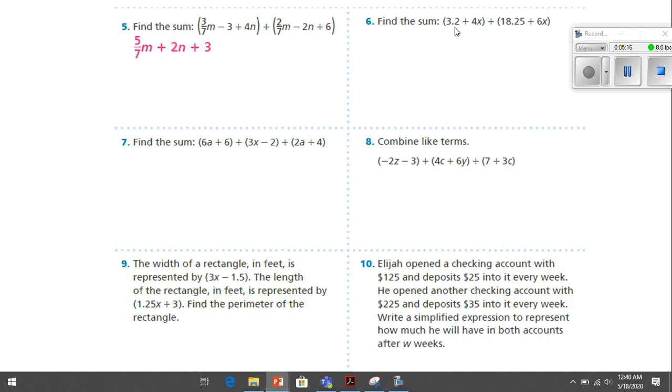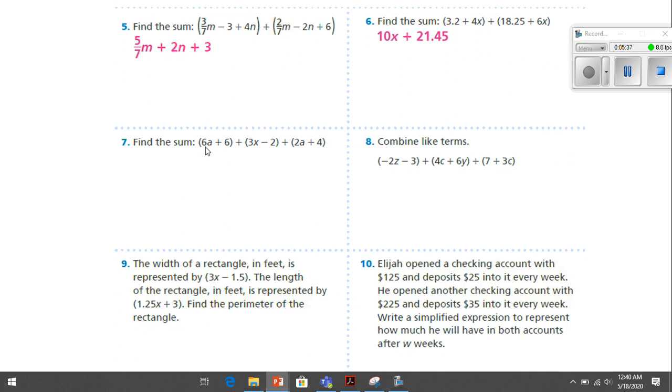We're going to say that 3.2 plus 18.25, that's going to give us 21.45, I believe. And now I've got 4x plus 6x, that's going to give us 10x. So 10x plus 21.45 is our answer.